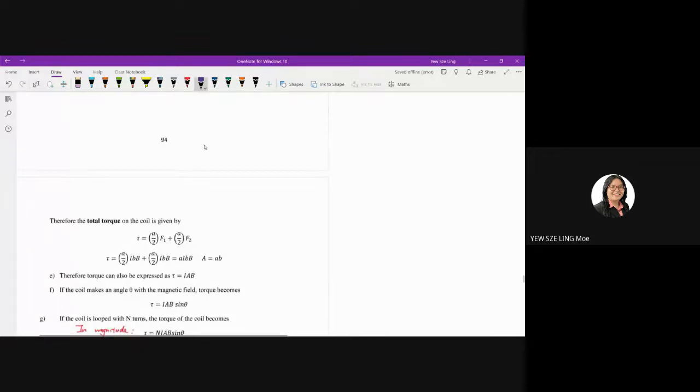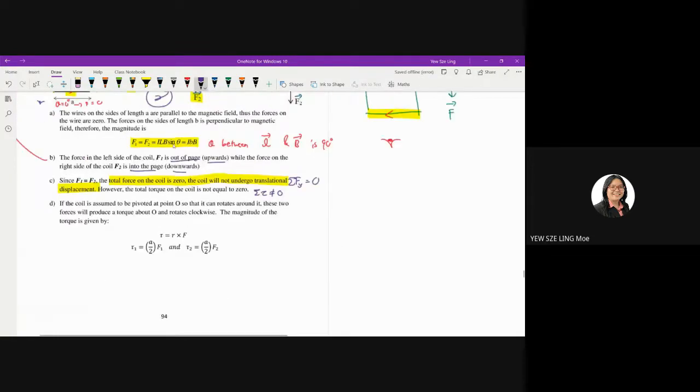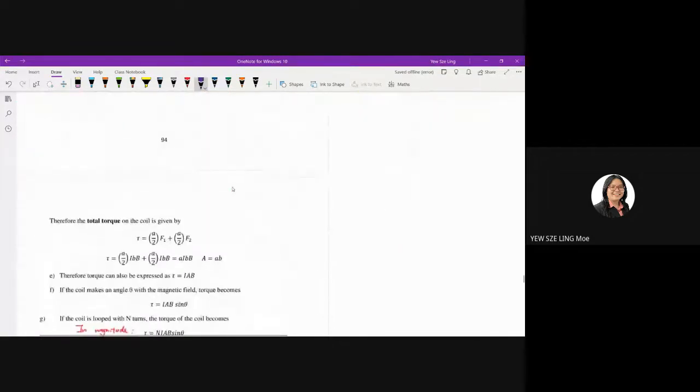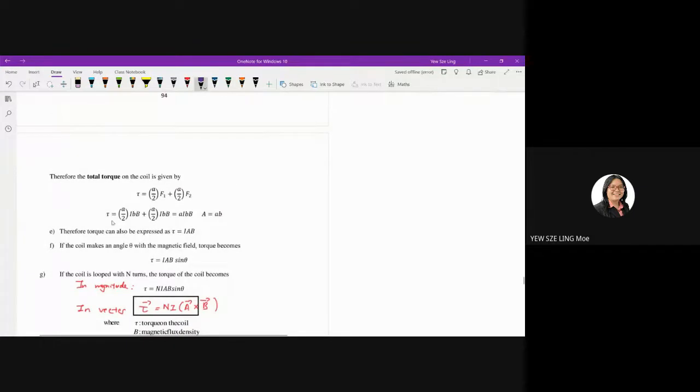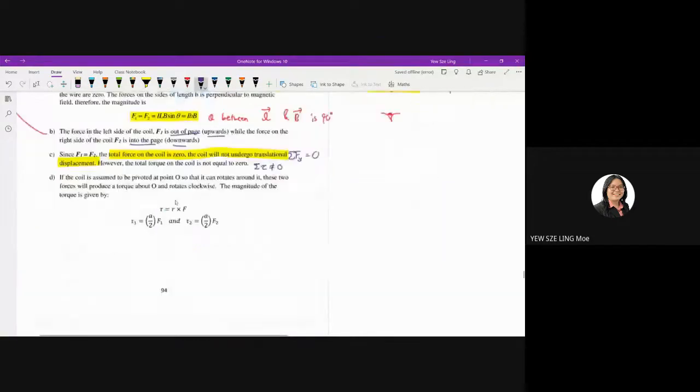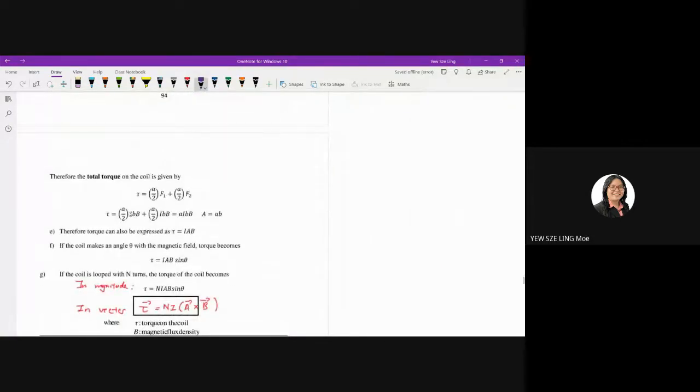The force is IBb, because b is the length of your coil. So a over 2 times IBb. Now you're given a coil where this is a and this is b, the length.